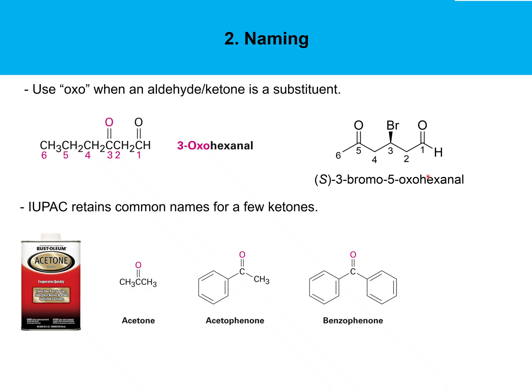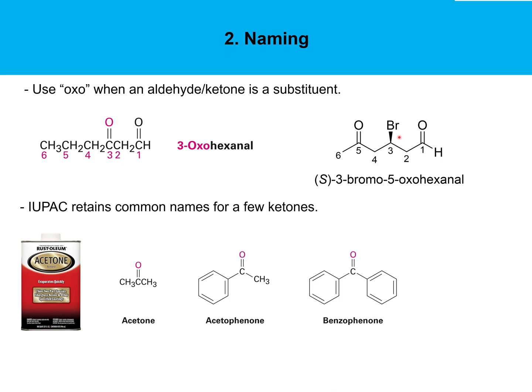So this is named as 5-oxohexanal, since the ketone in this case is on carbon 5. We have a substituent on carbon 3, so we add that substituent in the front of the name, so 3-bromo. And then lastly, we have the S stereochemistry of carbon 3.